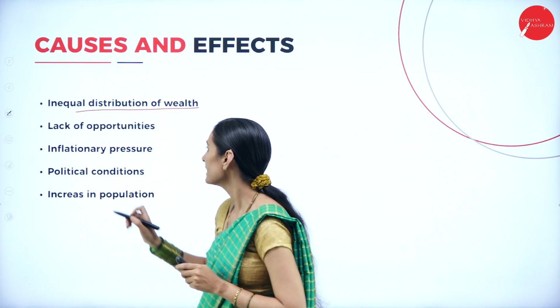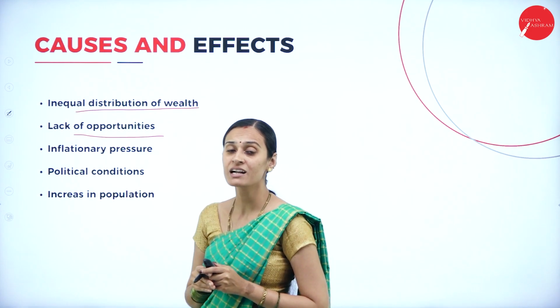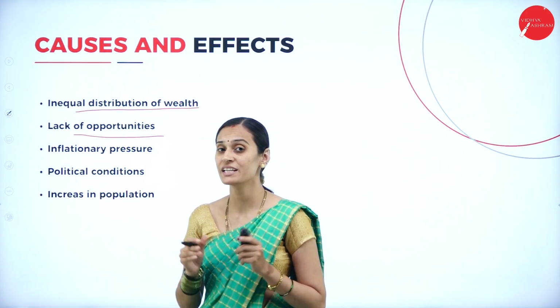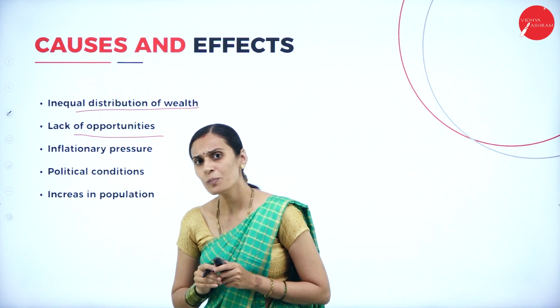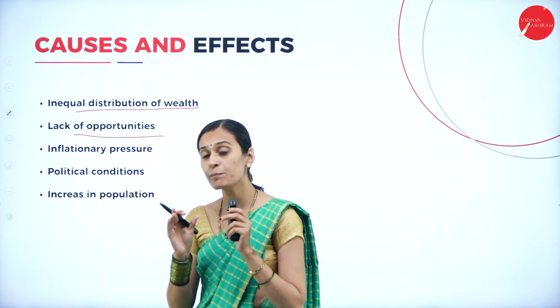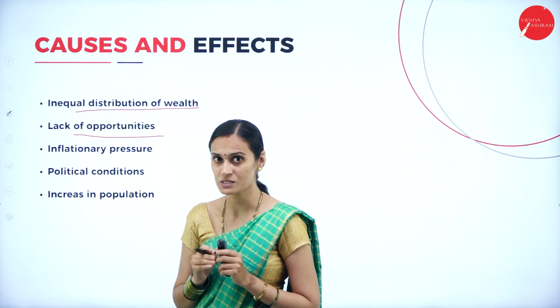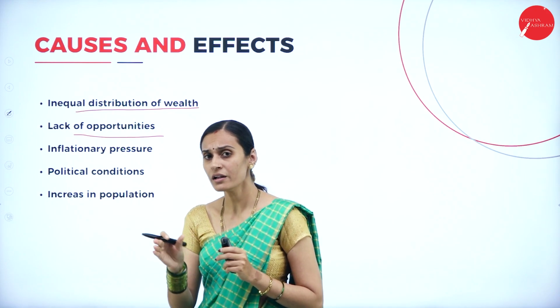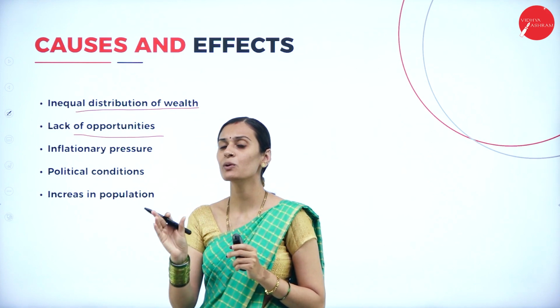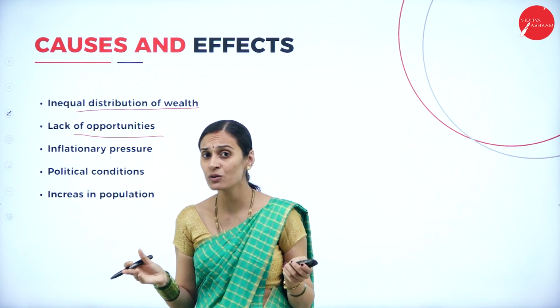And the next one is lack of opportunities. Everybody can't get every opportunity everywhere. In a particular situation, the lack of opportunities does not provide employment to all, or to those who have the required particular positions. Those who are able to get them get the opportunities, and some people don't have the opportunities.